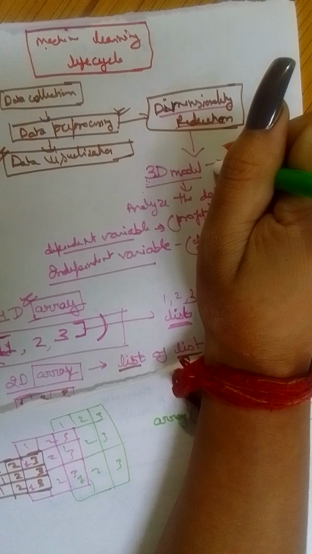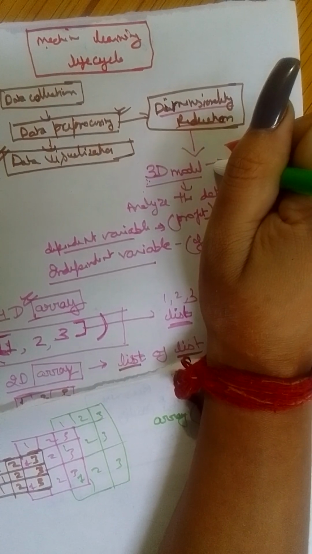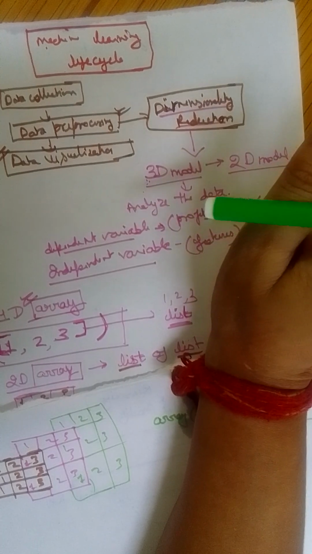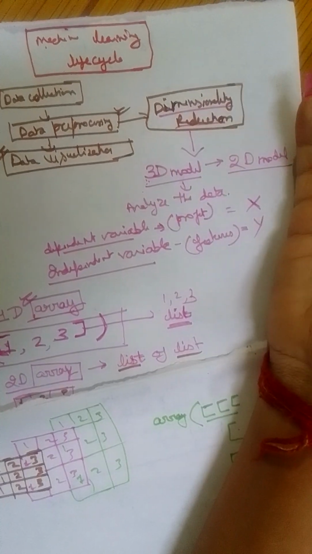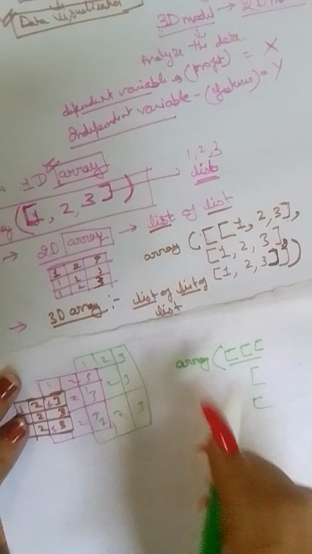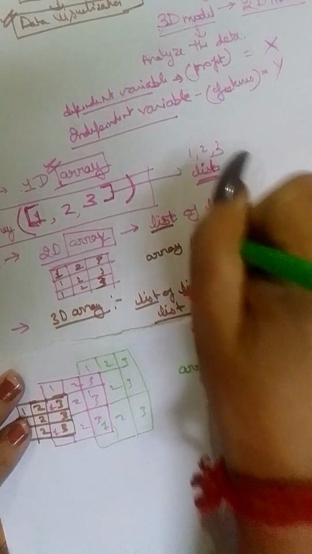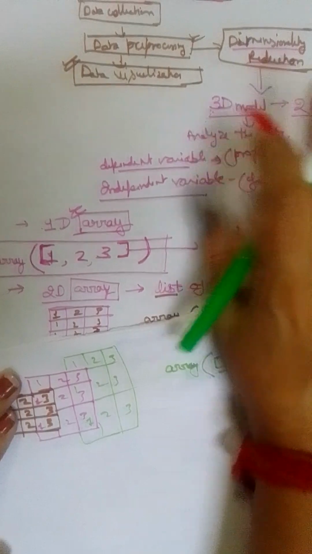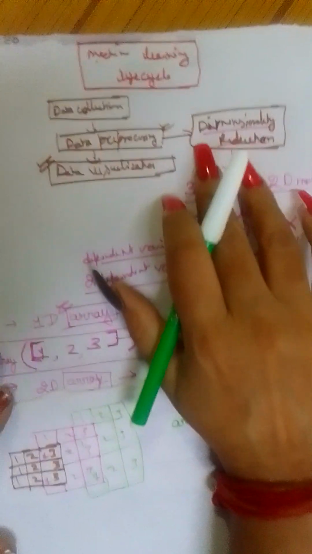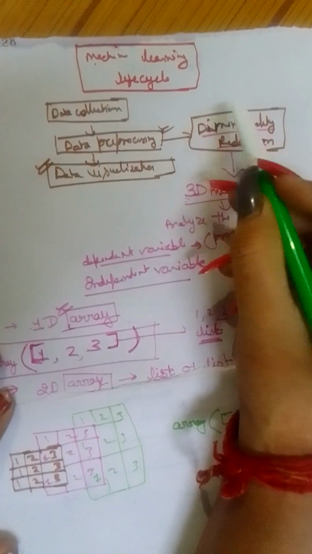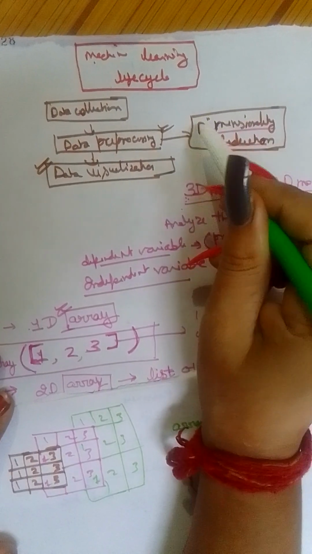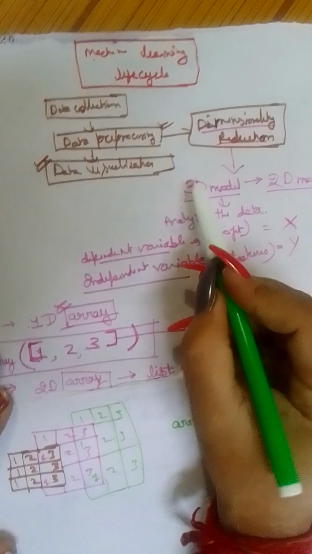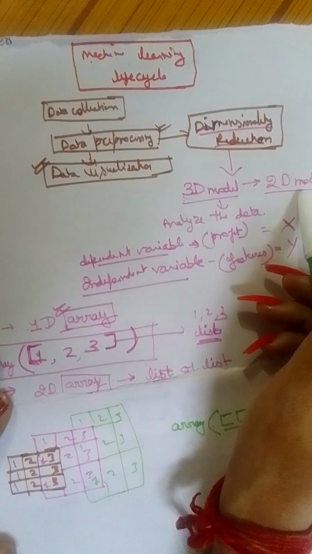How data scientists use dimensionality reduction, that we would see in our next part. Next part means on our laptop. I taught you this thing, array and list, just to tell you how a 3D model is converted to a 2D model by using dimensionality reduction. So dimensionality, D denotes dimension here. Fine. So what is happening here from 3D model to 2D model is that the dimension is decreasing.